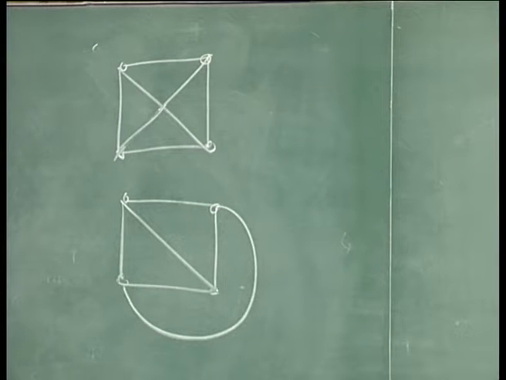And if there is some way of drawing the graph on a plane such that no two edges intersect, it is called a planar graph. This is a planar graph.